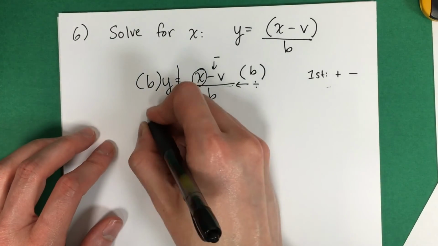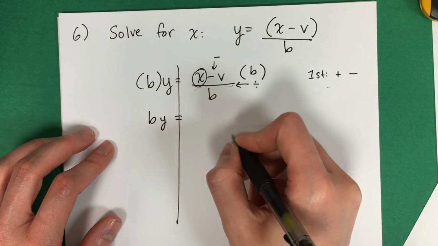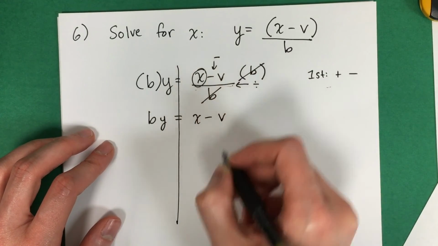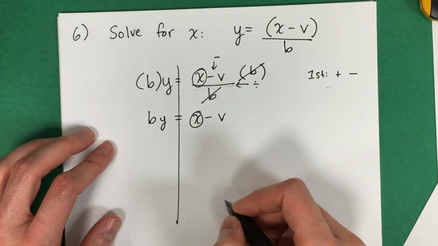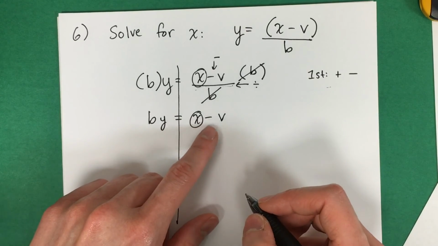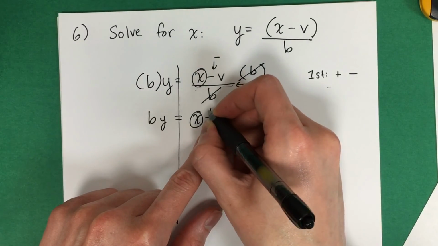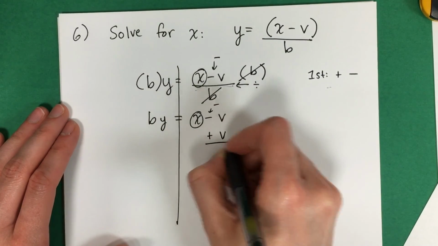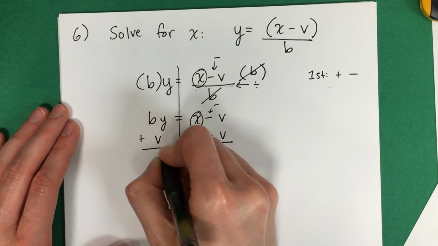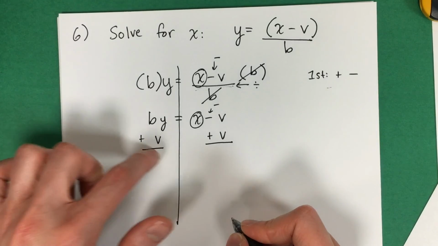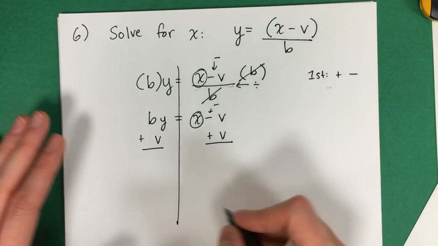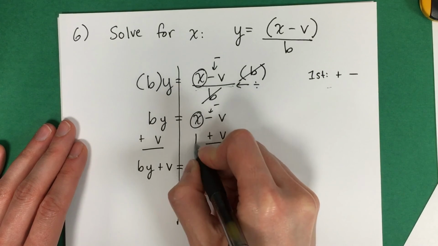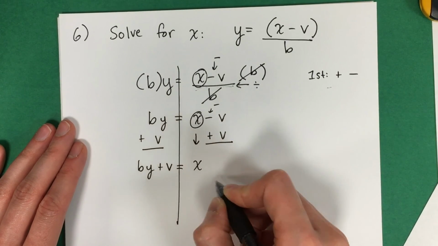b times y is by equals, these cancel, copy x minus v. I want x alone. What is with x? Minus v. It's minus. The opposite of minus is plus. So plus v, copy here plus v. by plus v, they're different, so copy by plus v equals, here there's nothing, copy x.